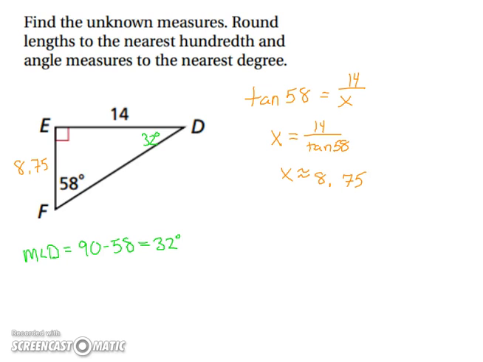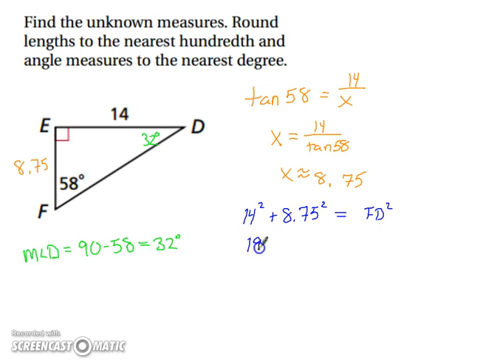Well, since we have two sides of our triangle and we're just looking for our third side, which in this case is the hypotenuse, we can simply use the Pythagorean theorem. So we have 14 squared plus 8.75 squared equals our FD squared.